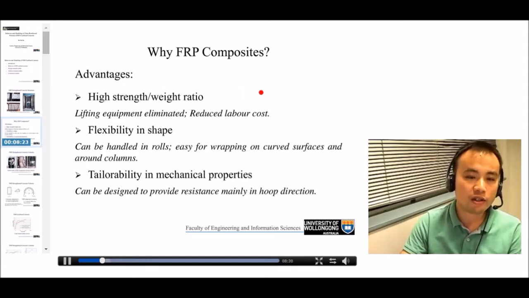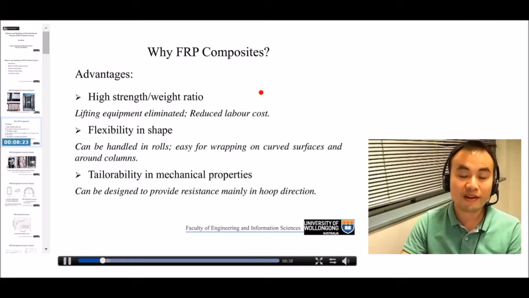Of course, FRP has been widely used because of its many advantages. This includes its high strength to weight ratio, which means the lifting equipment in many cases can be eliminated. It also means labor cost can be reduced. The fiber strips can normally be handled in rolls, and it's easy for wrapping on curved surfaces and around columns. And last but not least, the tailorability in mechanical properties.